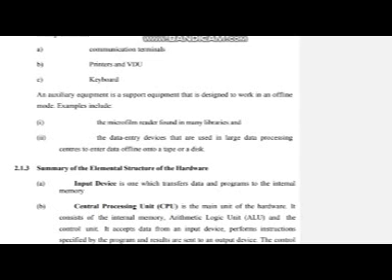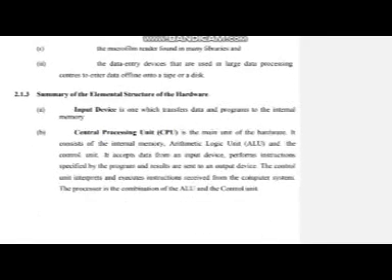So let's talk about the summary of the elemental structure of the hardware. We have the input device. Basically, your input device is any device that allows you to enter raw data into a computer, which will then be processed and outputted as information.